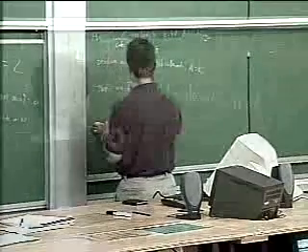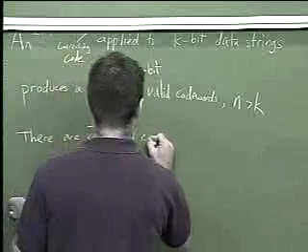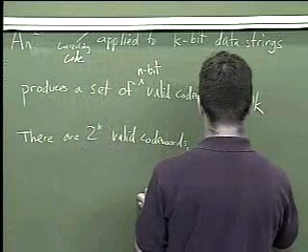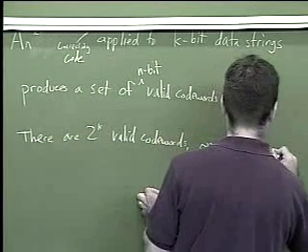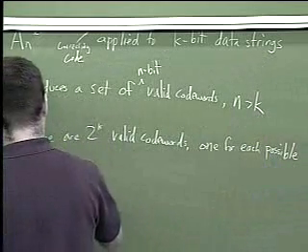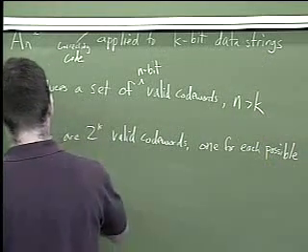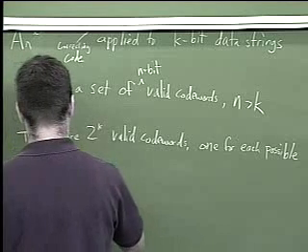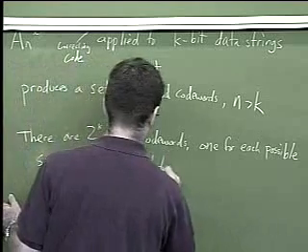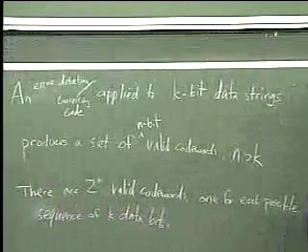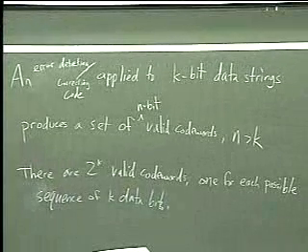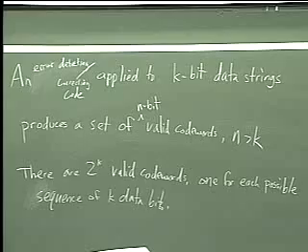There are 2 to the k valid code words, one for each possible sequence of k data bits, right? So for instance, suppose k is 2, and we use 1D parity check.